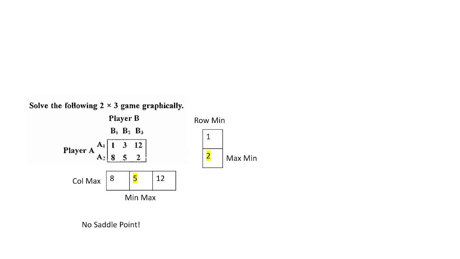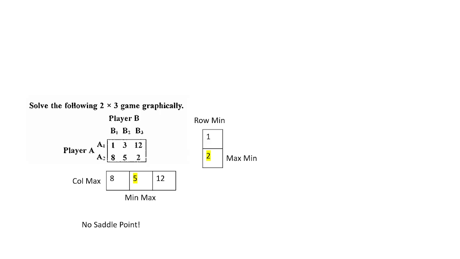Similarly, from player B's perspective, find the maximum among these columns. For the first column it is 8, for the second column it is 5, for the third column it is 12. From the row minimum and column maximum, find maximin and minimax. For the row minimum, the maximum among the minimum is 2.